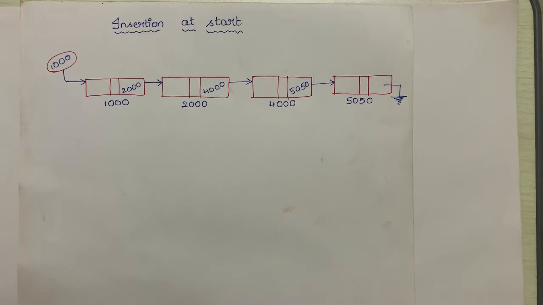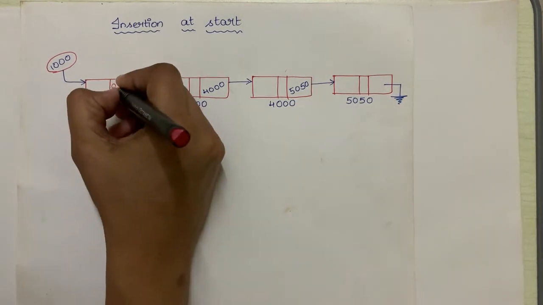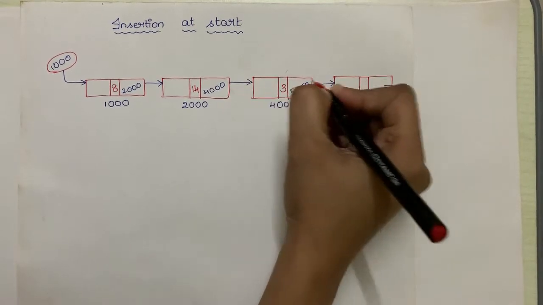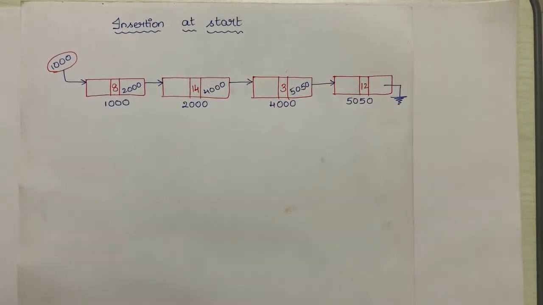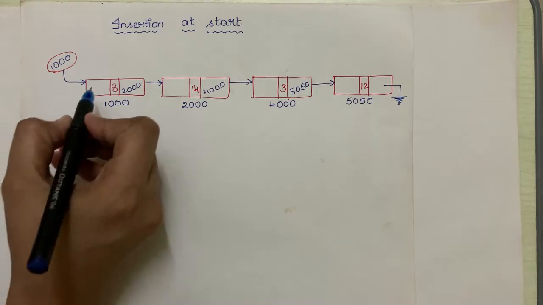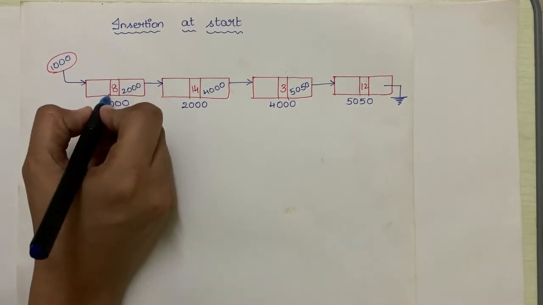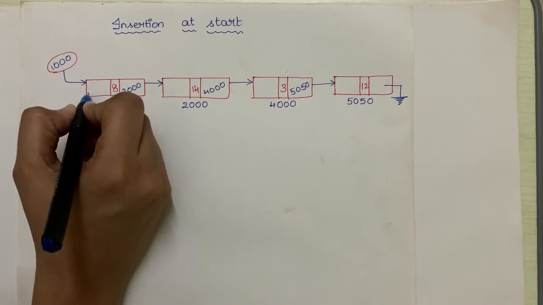Now, coming to data. Some 8, 14, 3 and 12. Now, the previous field, the first field in every node, stores the address of the previous node.